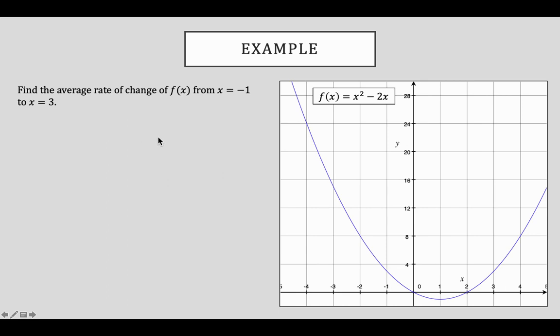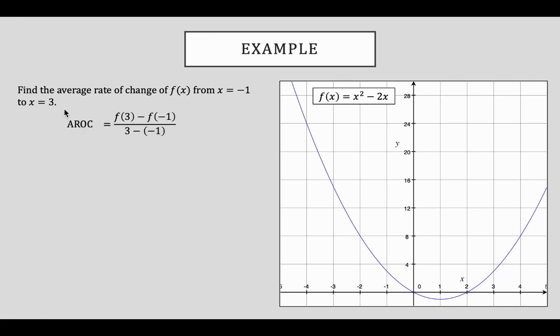And in order to find the slope, I just have to have 2 points. Now, we are given 2 x coordinates. How would you find the corresponding y coordinates? Well, you would simply plug them into the function. Again, notice that plugging in -1 is going to give out the corresponding y value. Plugging in positive 3 will give out the corresponding y value associated with x equals 3.